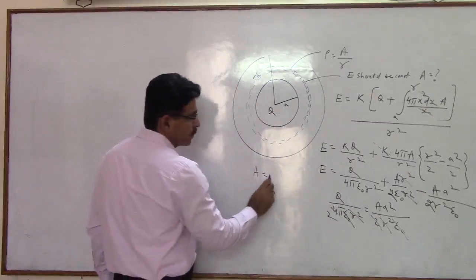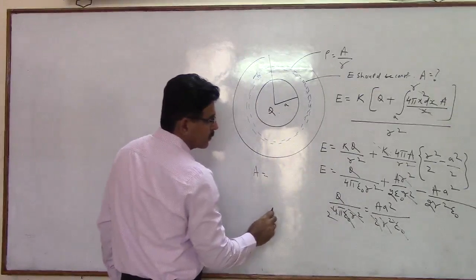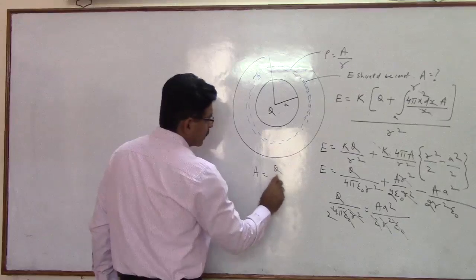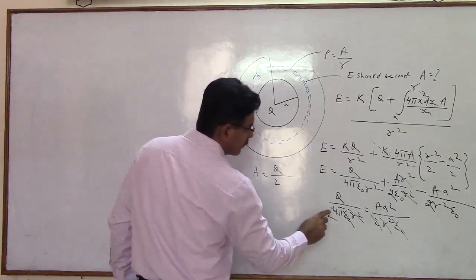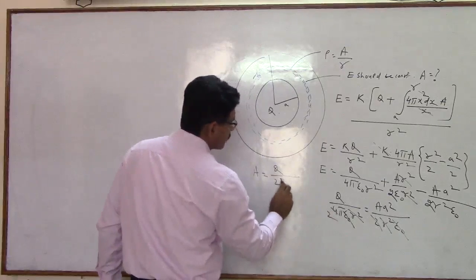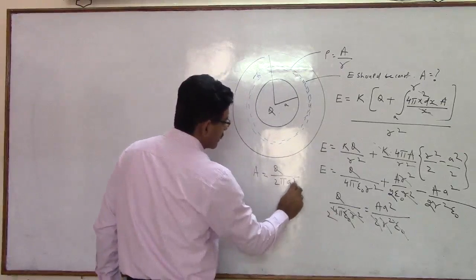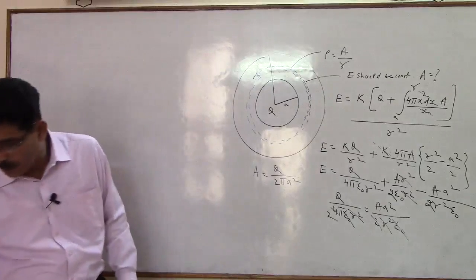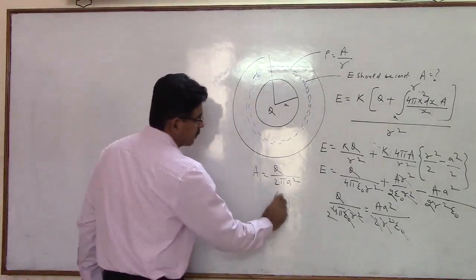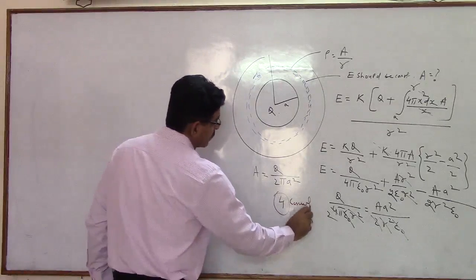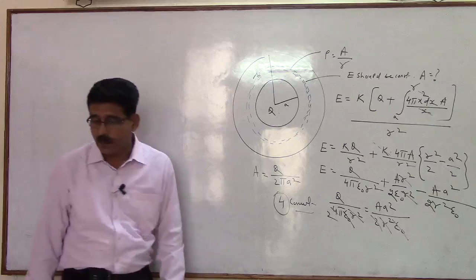A would be equal to q divided by 2 pi a square, that is your option number 4. So option 4 will be the correct answer for this question.